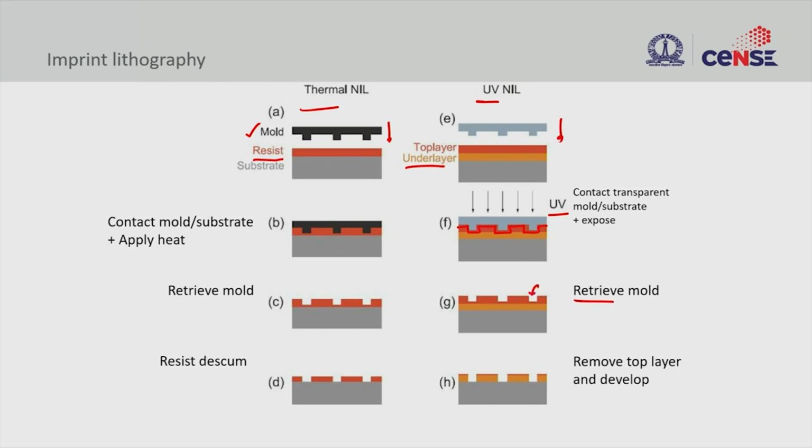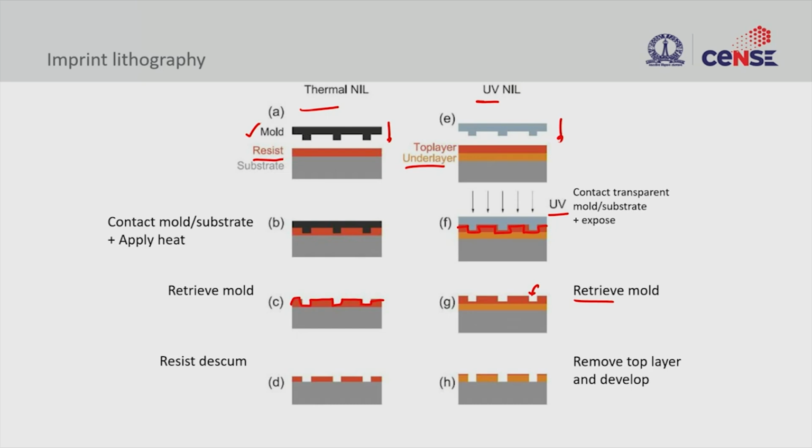On the other hand, you have thermal nano imprint lithography, where you heat after putting it together. When you heat it, the polymer takes the shape of the mold, and then you cool it down. After cooling and retrieval, you will see the soft layer on the wafer takes the shape of the mold.